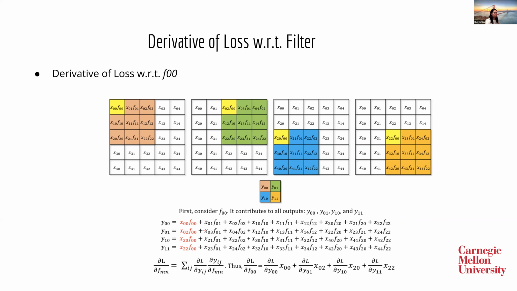So in this example, when we calculate the derivative of f00, f00 was calculated four times. So it's multiplied by x00 here, x02 here, x20 here, x22 here. So when we calculate the derivative of this f00, we need to sum all the related items.